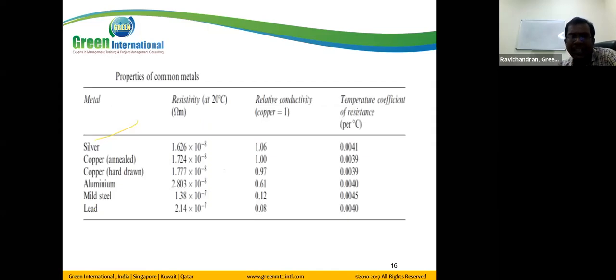There is no need to go into that. There is no need to memorize these values. Suppose in the question paper they give some problems. They will mention the resistivity of that material, either silver, copper, or water maybe. There is no need to memorize this.